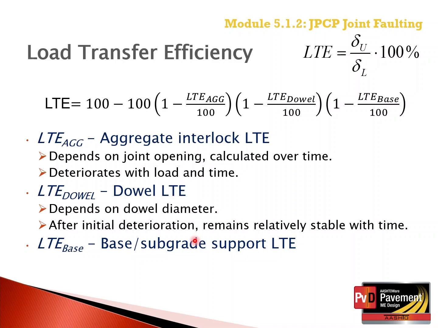With appropriately sized dowels, the load transfer efficiency remains relatively constant over time after the initial deterioration. The load transfer efficiency from the base layer depends on the base type and stiffness or modulus, resilient modulus, and the base layer thickness.